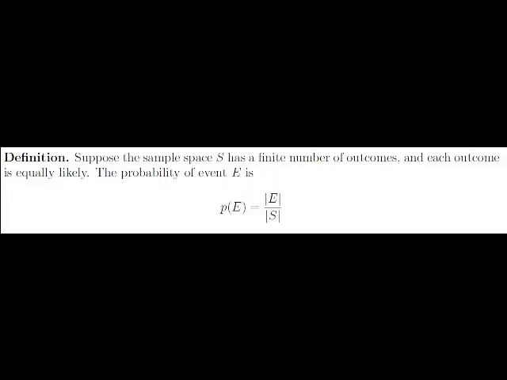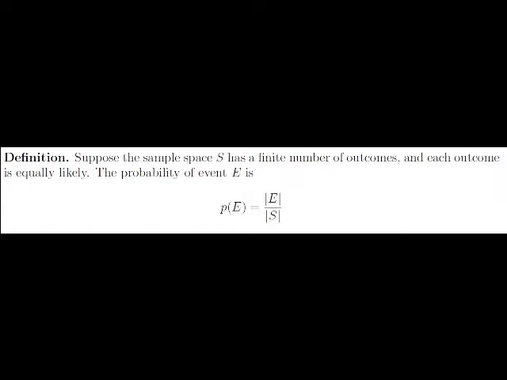Like for this example, in the die, each face shows up with equal probability, 1 will turn up, 2 will turn up, 3 will turn up, they are all equal. So that is a fair die. That is also important. Then the probability of the event E is P of E equal to the size of E over the size of S.